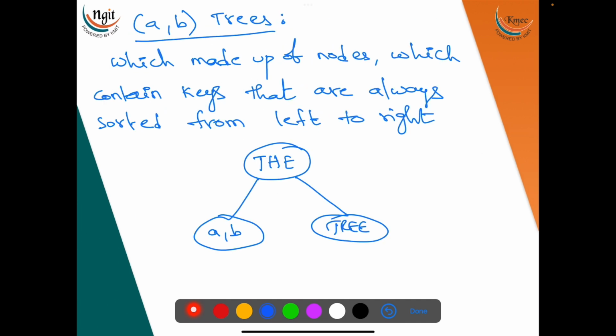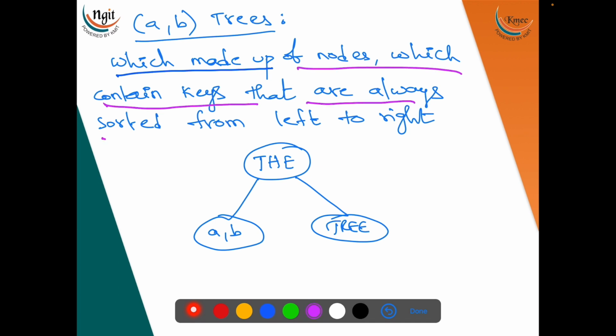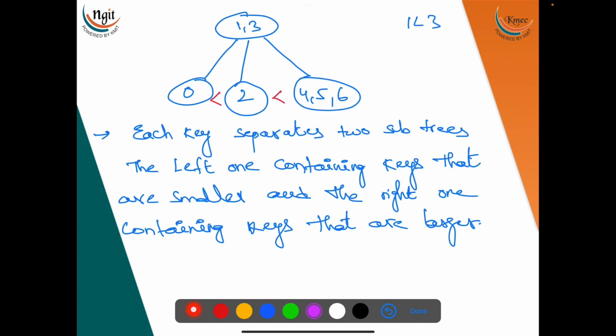Now, what is an AB tree? It is made up of nodes which contain keys that are always sorted from left to right. This is a simple symbolic representation of the AB tree. We'll take an example and move forward.